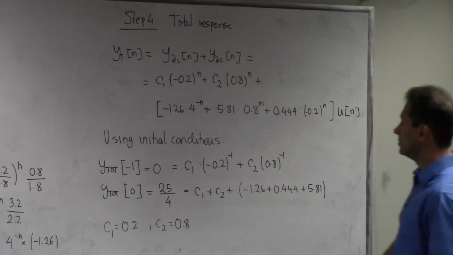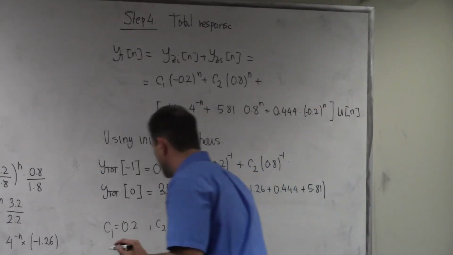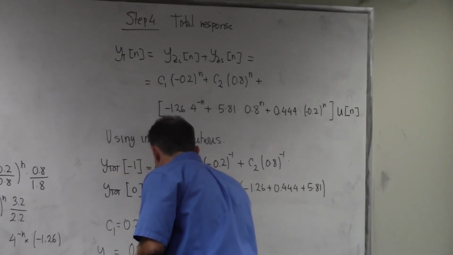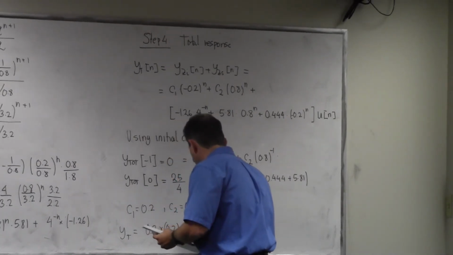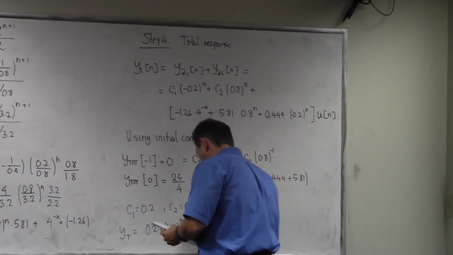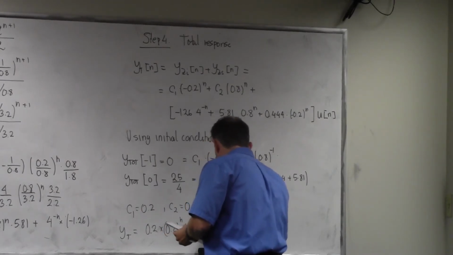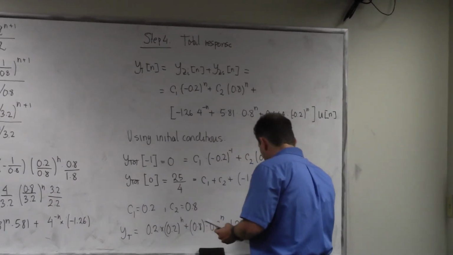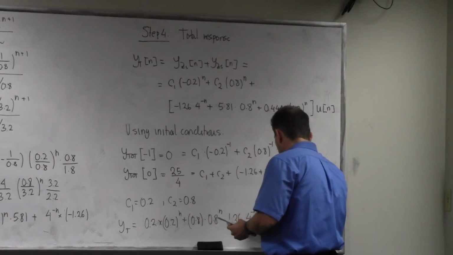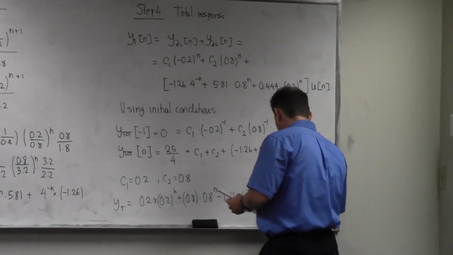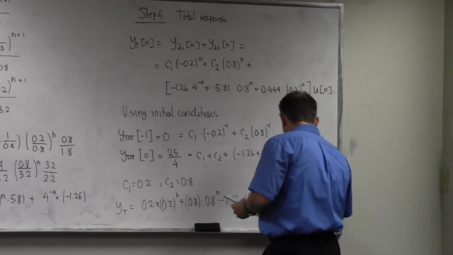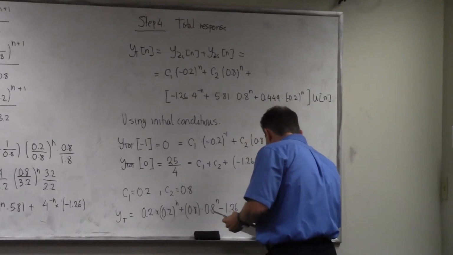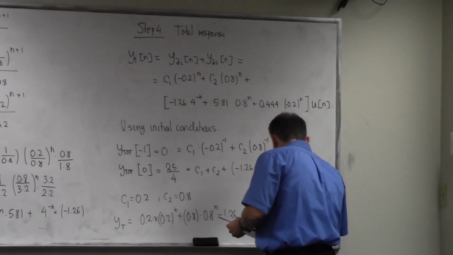So now, once you know these constants C1 and C2, then you get the total response as 0.2 times minus 0.2 to the power of n plus 0.8 times 0.8 to the power of n minus 126 times 4 to the minus n plus 0.444 times minus 0.2 to the n, and then plus the last one is going to be 581 times 0.8 to the n.